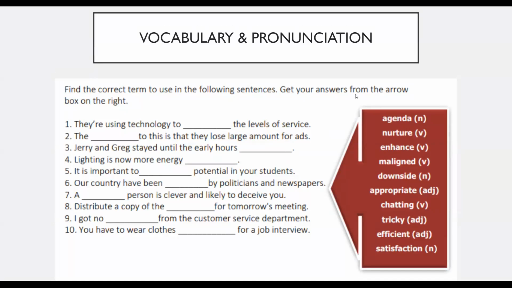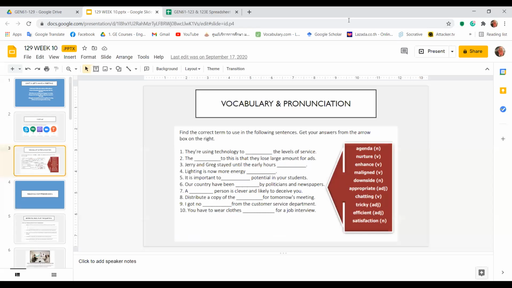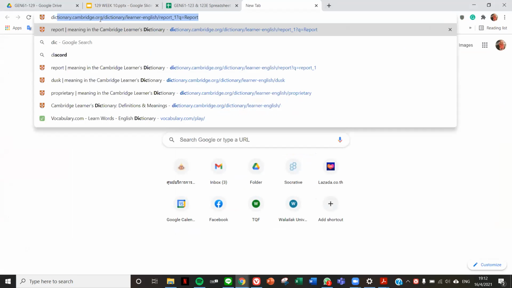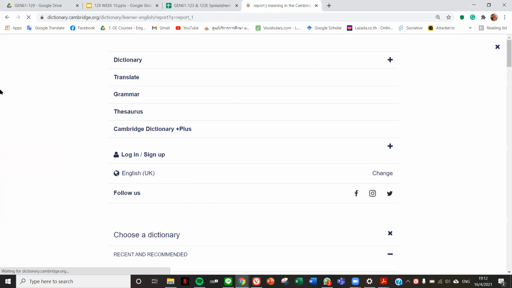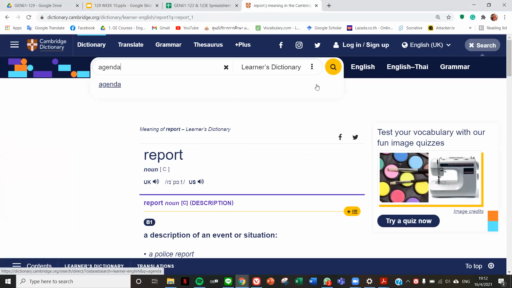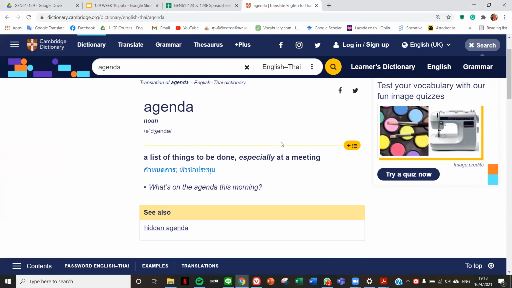We will check online now for the word agenda. We will go to the dictionary as usual. It's very good for you to use a dictionary. So the word agenda, and you can change it to English and Thai. This is the meaning of agenda.